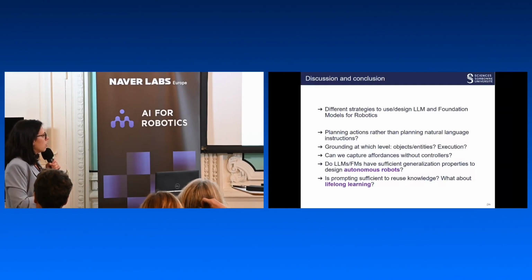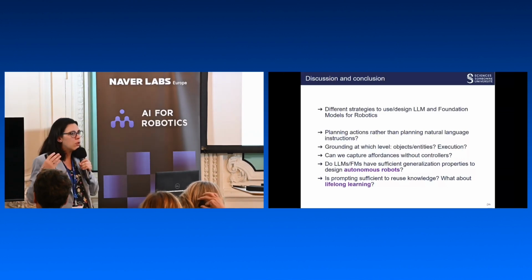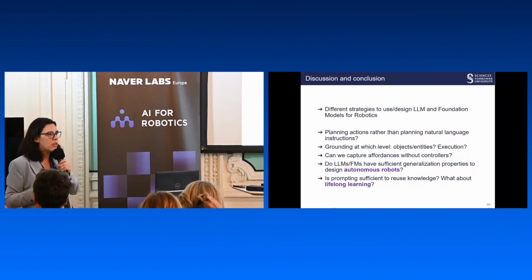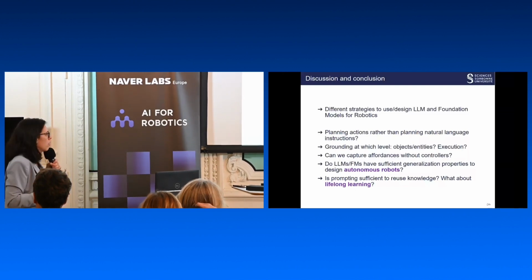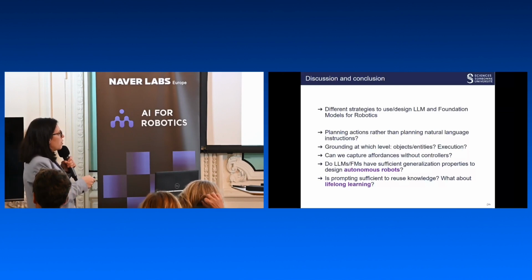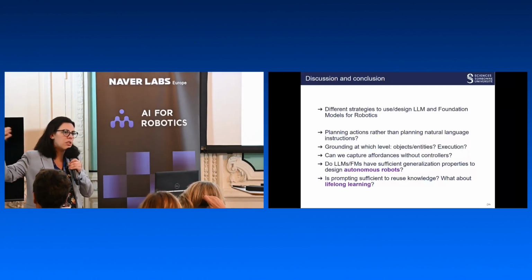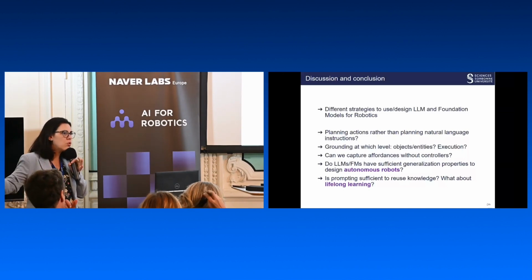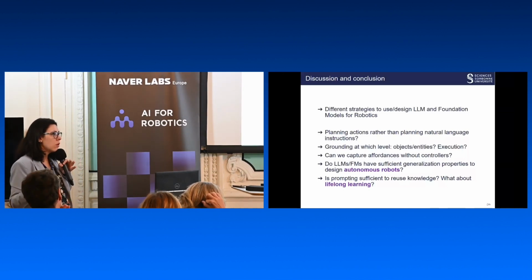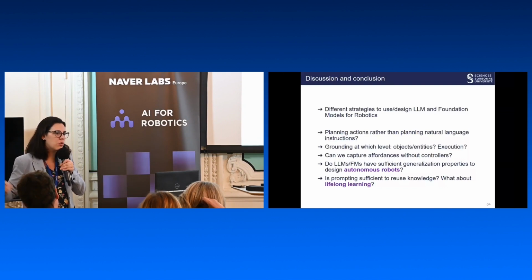And also, is prompting sufficient to raise the knowledge? In-context learning has shown very good properties to inject new examples and to learn new inference between different tasks. But is it sufficient when we have a lifelong learning setting with a lot of successive tasks? If we provide too many examples within the prompt, does it fail in terms of effectiveness?